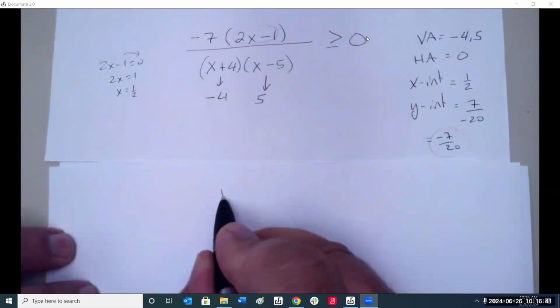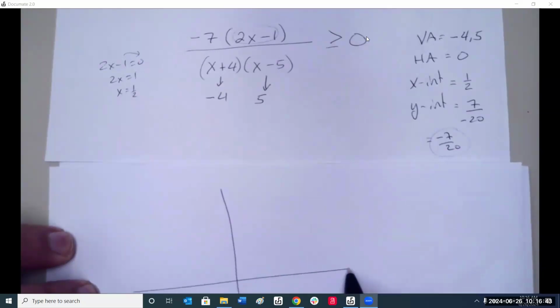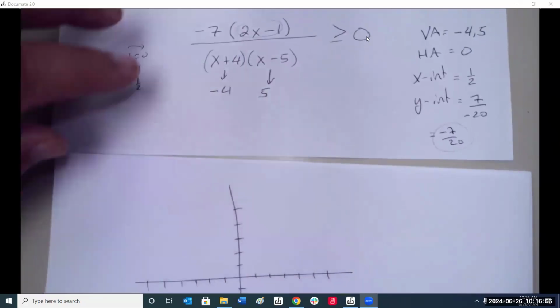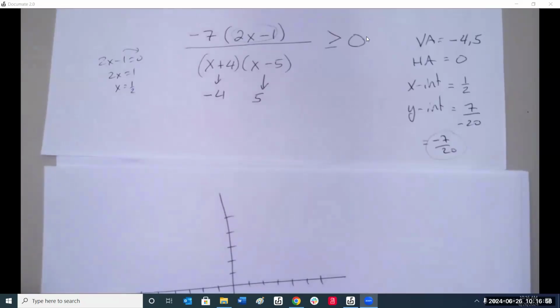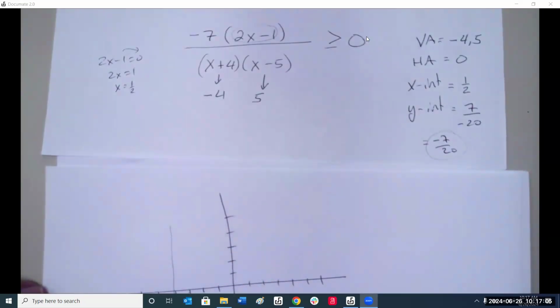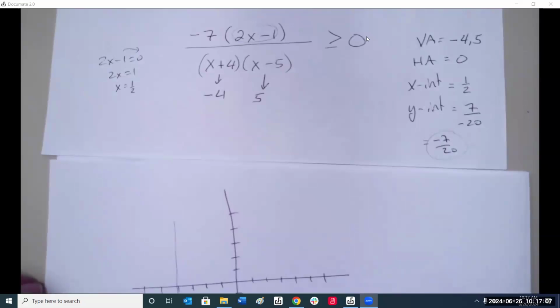All right, so let's graph that. Our vertical asymptotes are at negative 4 and 5.